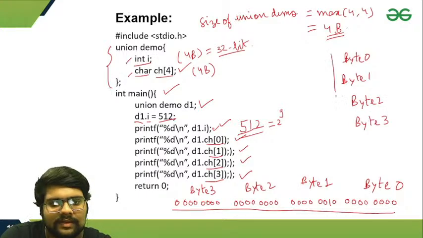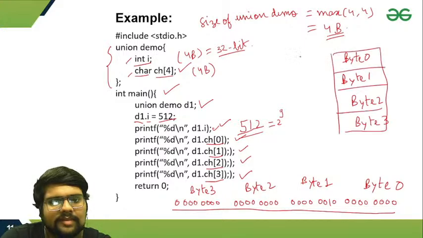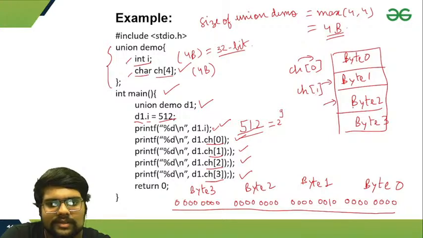So this will be the representation, and byte 0 will be pointed to by ch of 0, byte 1 will be pointed to by ch of 1, byte 2 will be pointed to by ch of 2, and byte 3 will be pointed to by ch of 3.